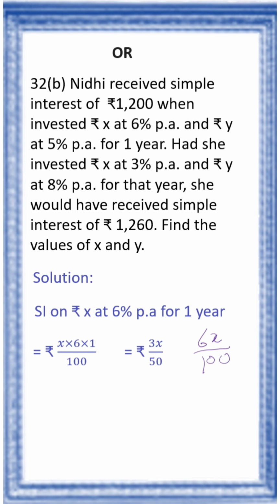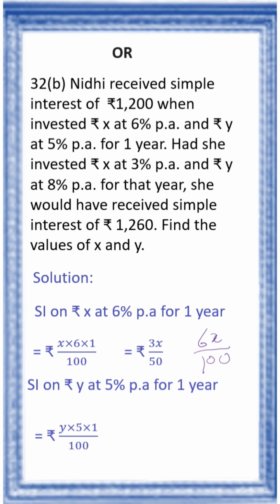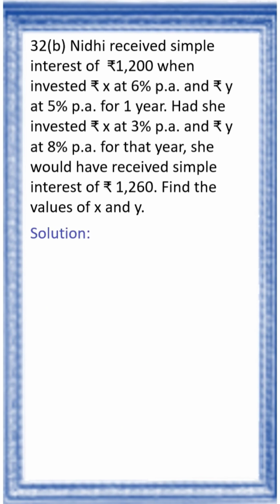No need to simplify. SI on rupees y at 5% per annum for 1 year. Same formula, PTR by 100, which is equal to y by 20. We can also keep it like that. Only no need to simplify this one.